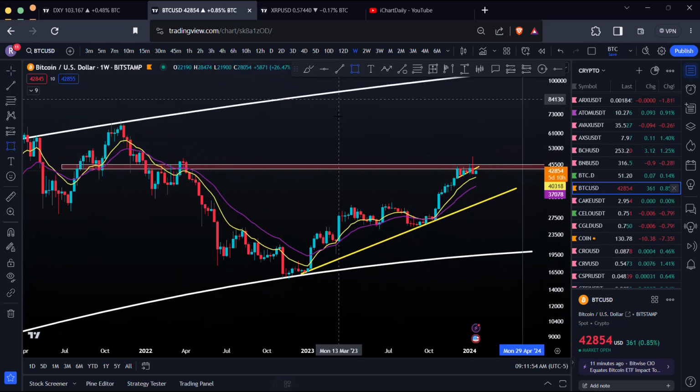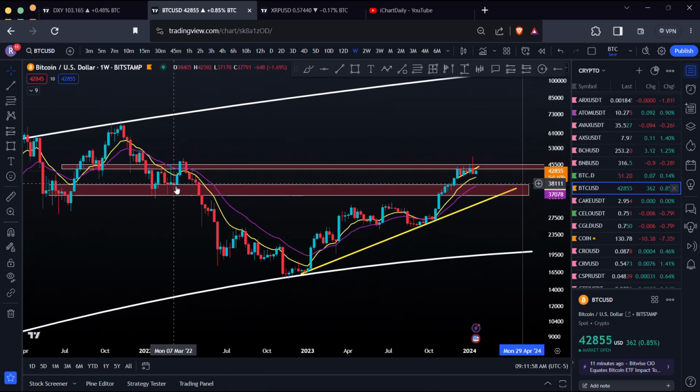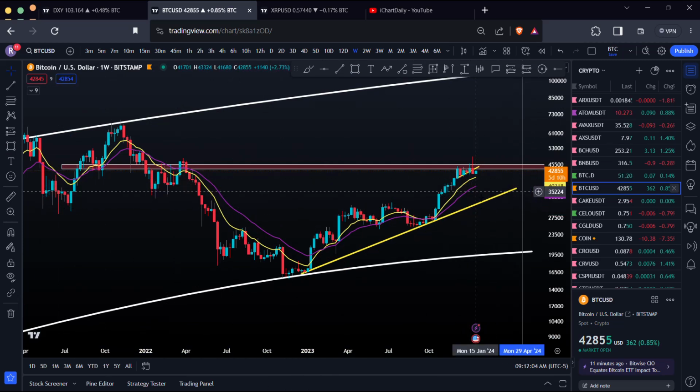And when I look left, I see major support right about there, major support from 33,000 to about 37,000. And if that lines up with the 11 and 21 day and your yellow trend line, well, now you're connecting the dots and you're doing more confluence trading.